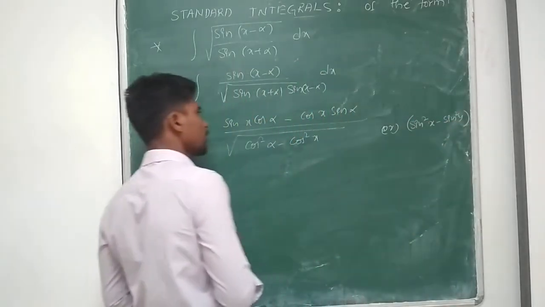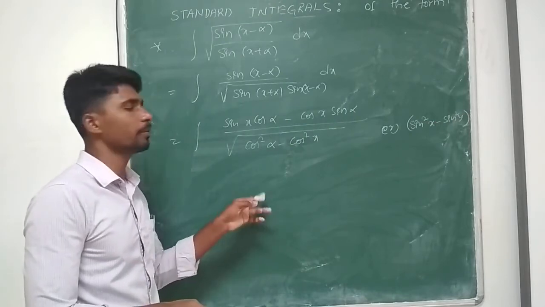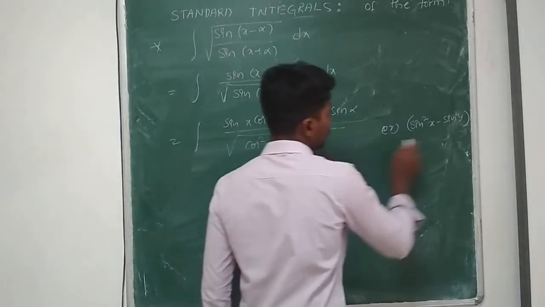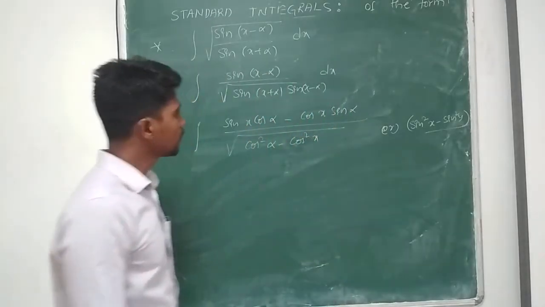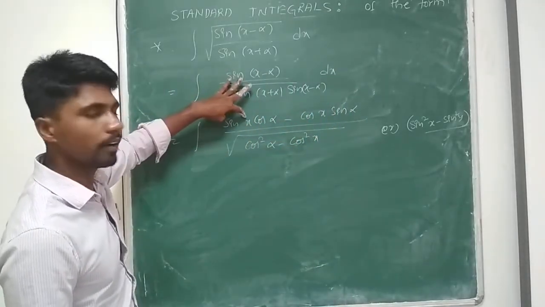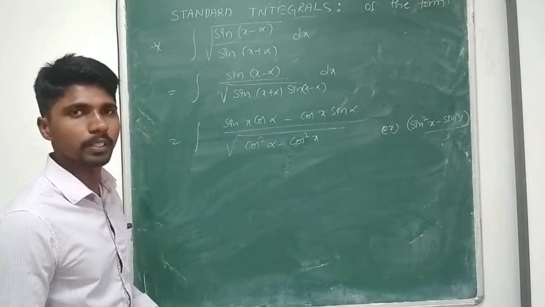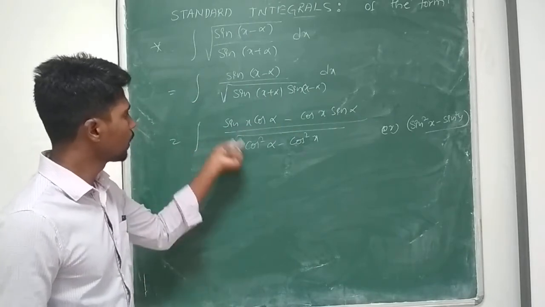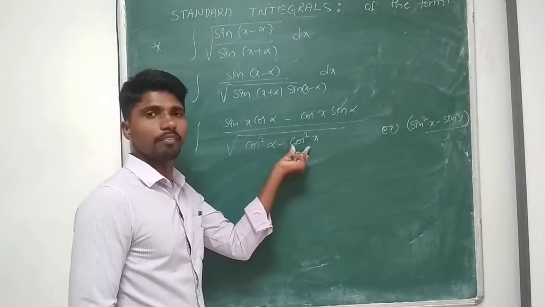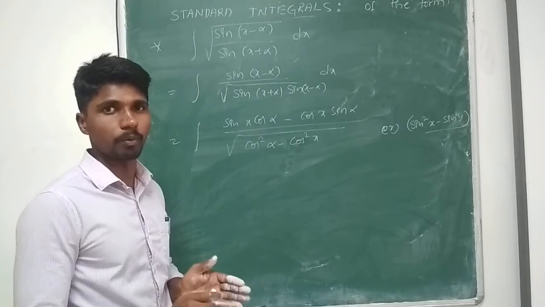Why did I write the two forms? See, it is a combination. Here sin x is a variable, cos is constant. To use a proper substitution, I need the denominator in the form of cos.